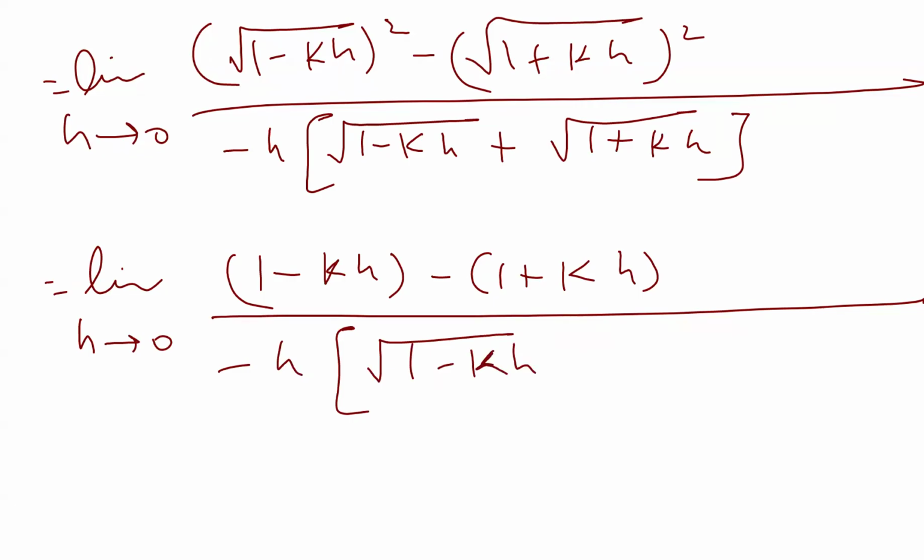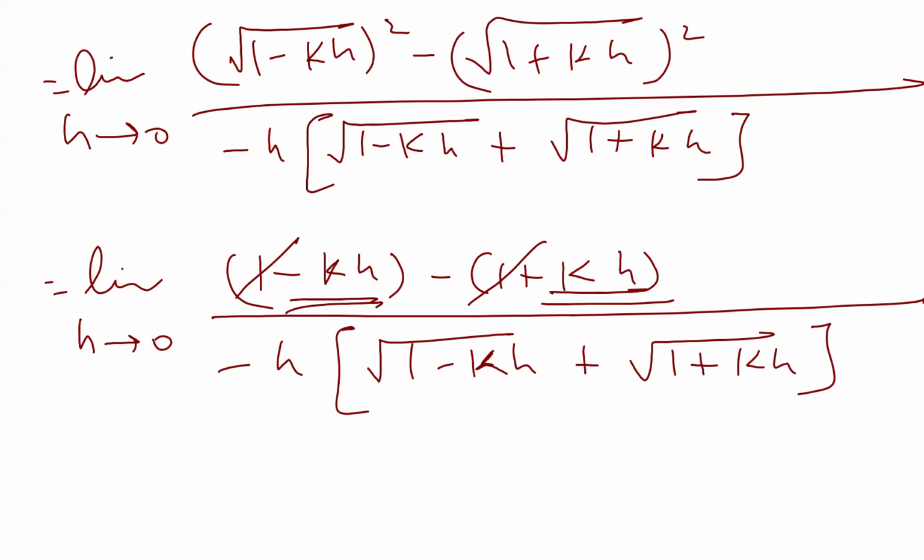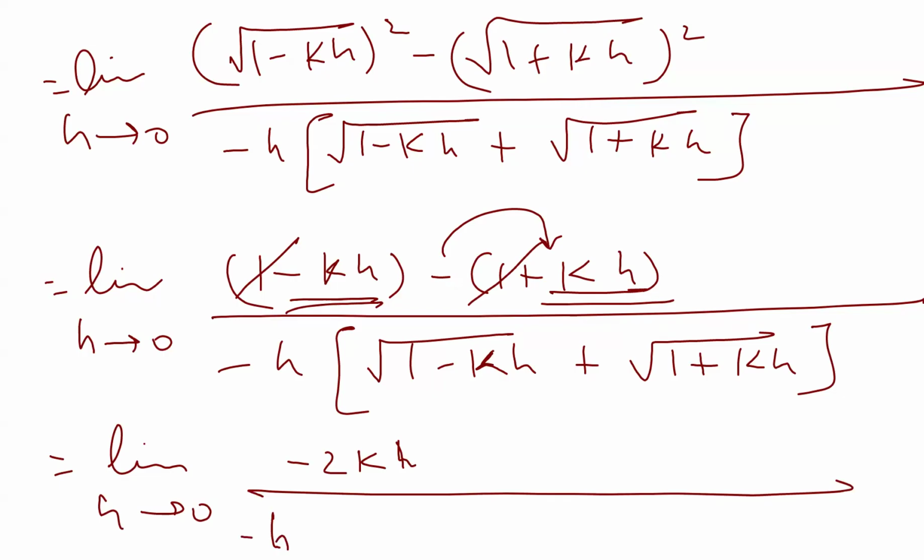So the 1 and 1 are gone. Minus kh, and this also is minus kh, so minus 2 kh, because minus into plus is minus. So minus 2 kh upon minus h, root of 1 minus kh plus root of 1 plus kh.